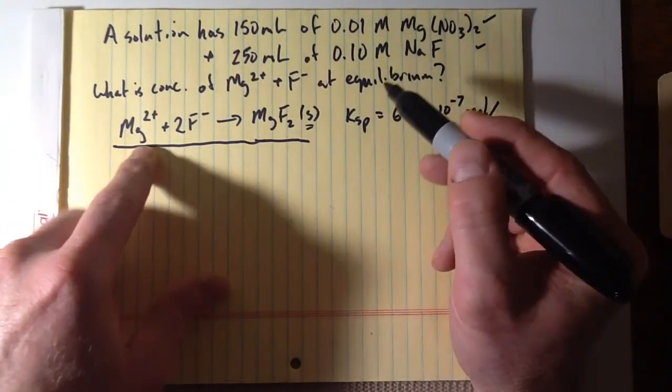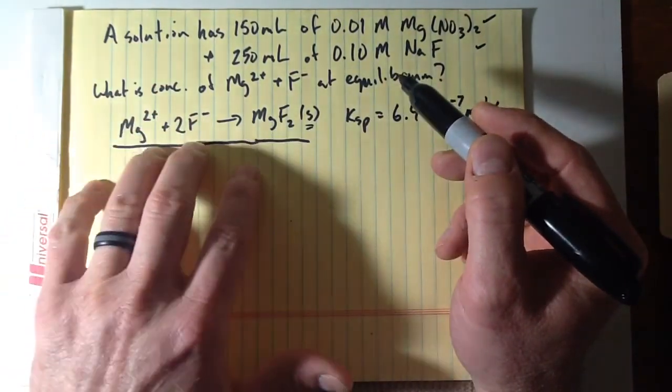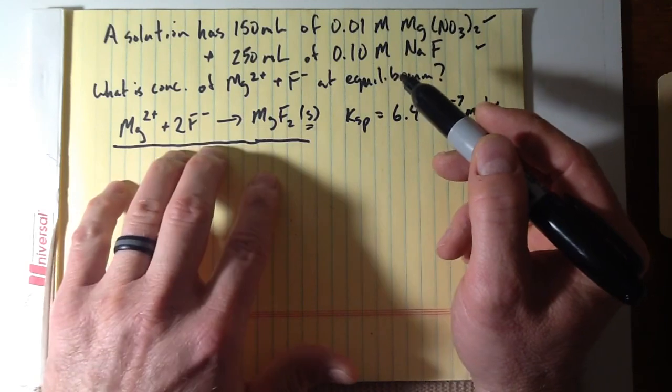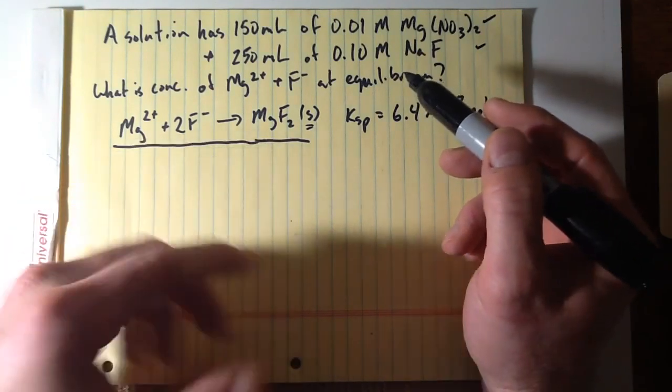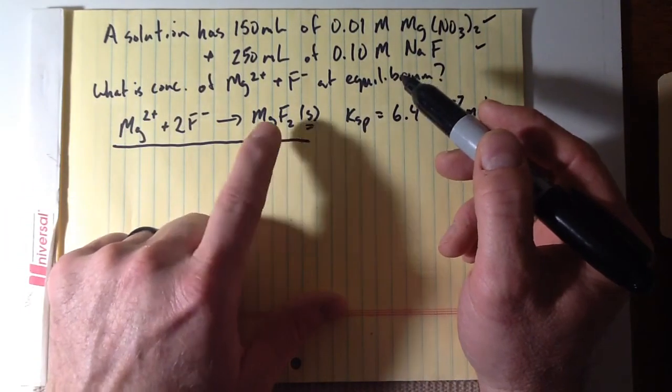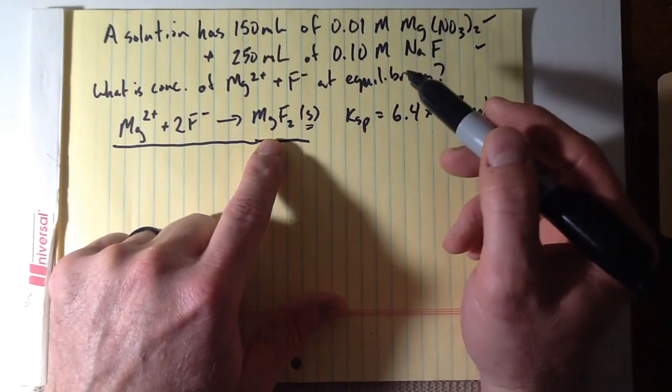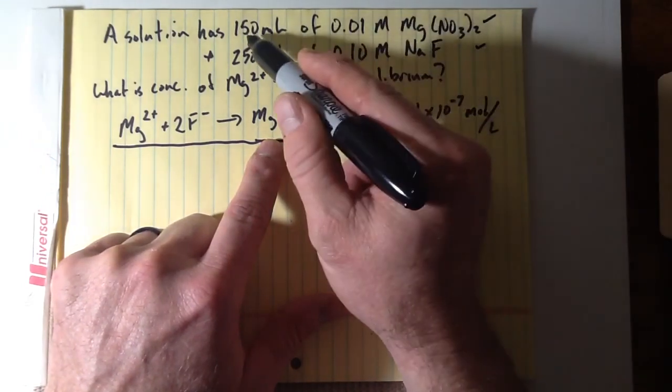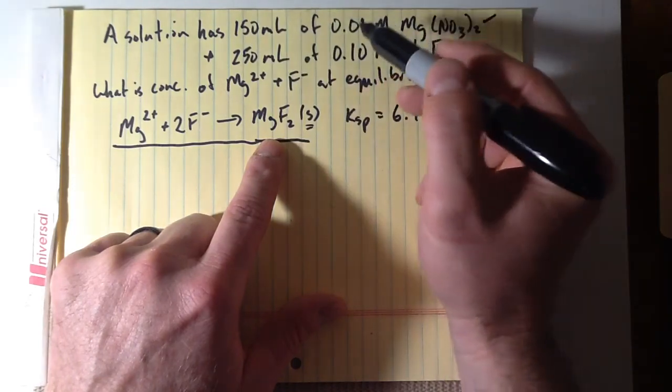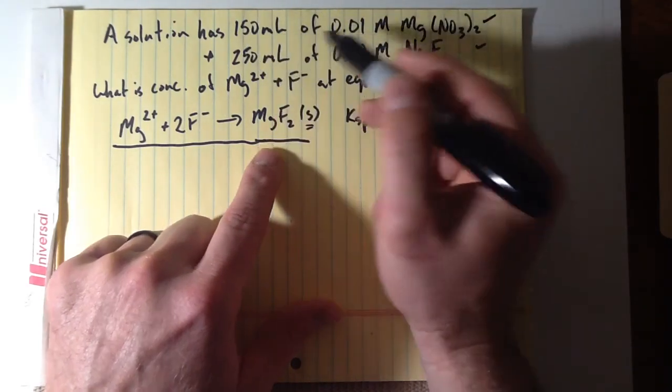This is really the first part: write out the equation for what's precipitating and figure out how many moles of the precipitate form. So we can do that. I'm going to multiply 0.01 times 0.150.